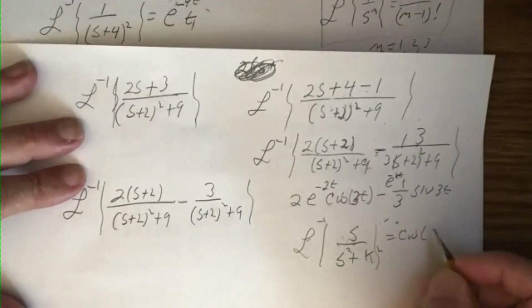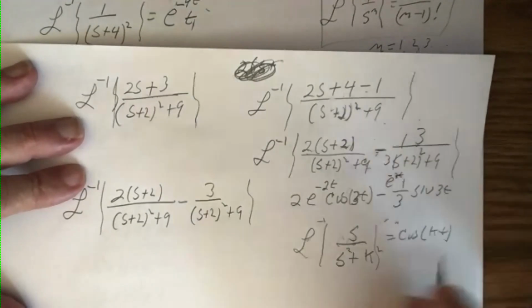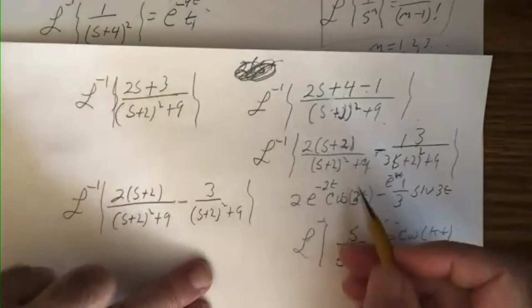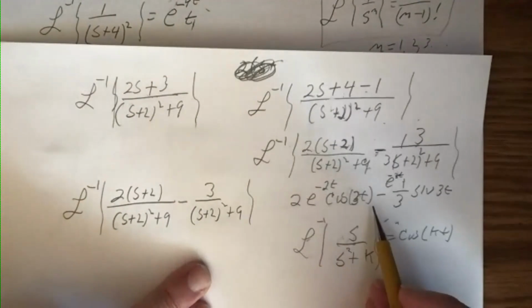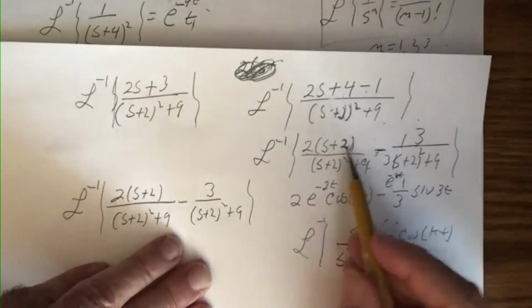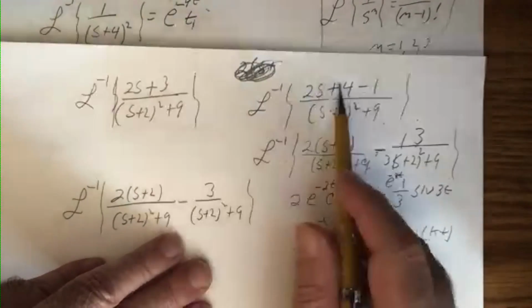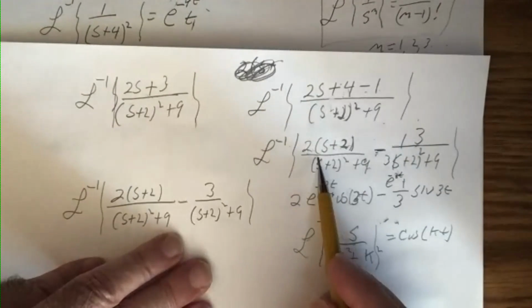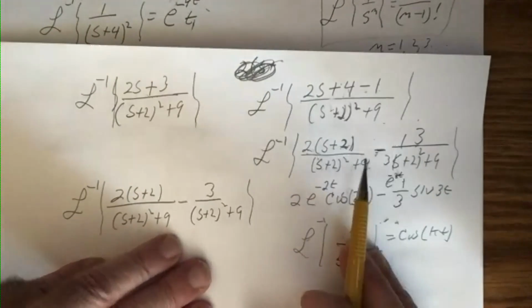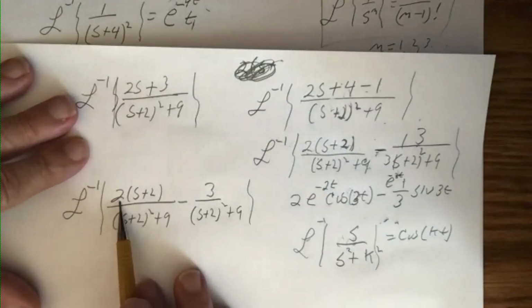This is what cosine is. So okay, everybody's with me up to here, right? I factored, I added a 1 and then subtracted 1, so I get this, right? Then I pull the 2 out.